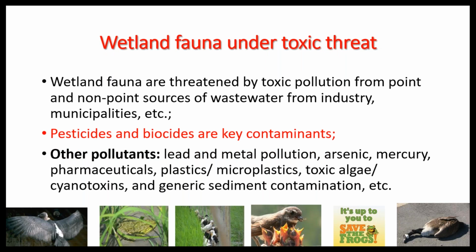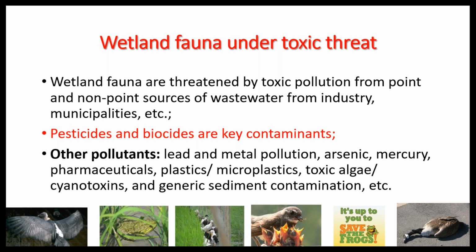Because of the pollution that come from different sources to wetlands, now after some years, there are big toxic threats to this fauna of the wetlands. And among these pollutions, pesticides and biocides are key contaminants.